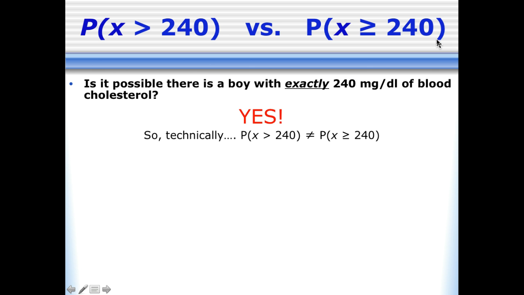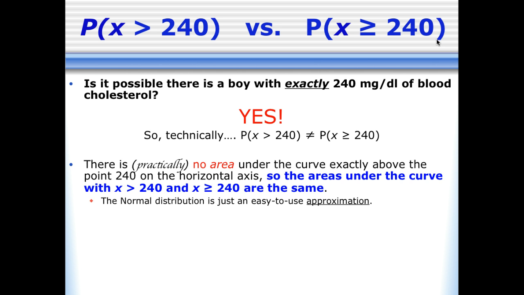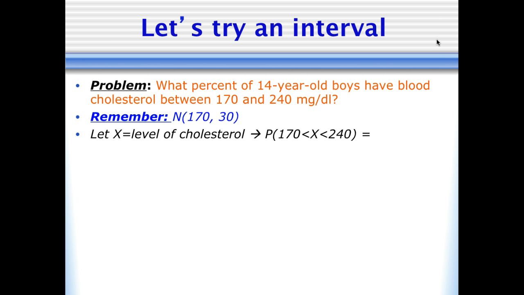Now, the thing that's nice about statistics is that it's all about practical application. So the fact that there's practically no area under the curve exactly above 240 means that the probability is going to change extremely slightly if you include 240 versus if you don't. Once again, since it's practical application and those probabilities are going to be so similar, we treat them the same in statistics.